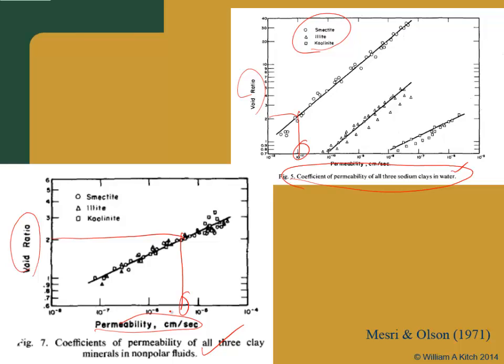Your hydraulic conductivity is going to be 10 to the minus 5.5. It's a lot higher than 10 to the minus 11. And this actually is a big issue for geosynthetic clay liners. All right.